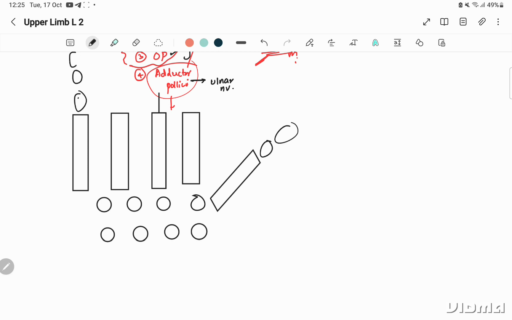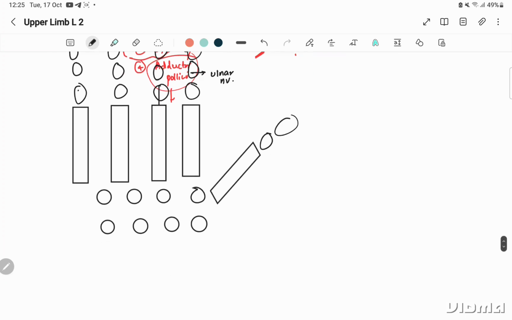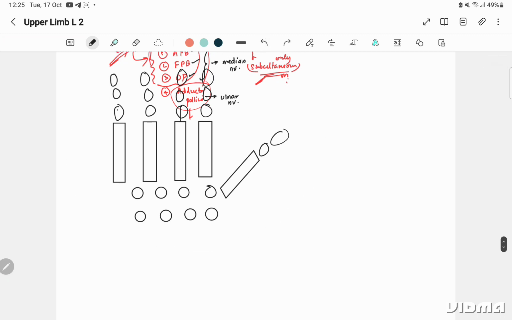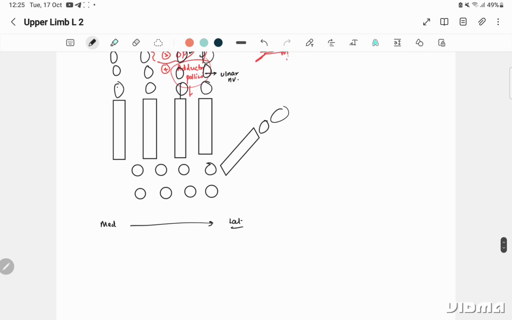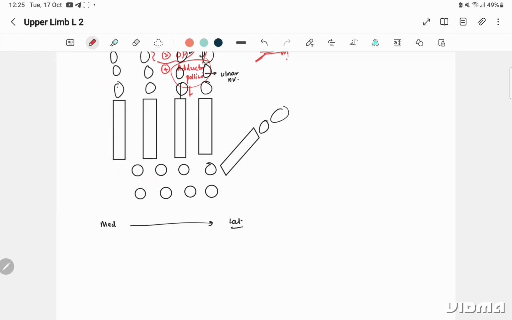We have 3 phalanges in all the fingers, and in the thumb we have 2 phalanges. So I will draw the phalanges here. Let's say this is the bony framework of the hand, and we will go from the medial to the lateral side. So this is the medial side and this is the lateral side. We will discuss the attachments of all the muscles here.